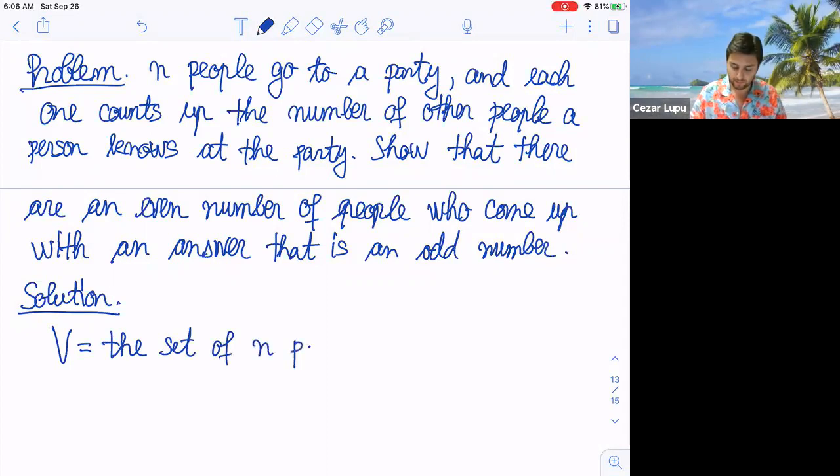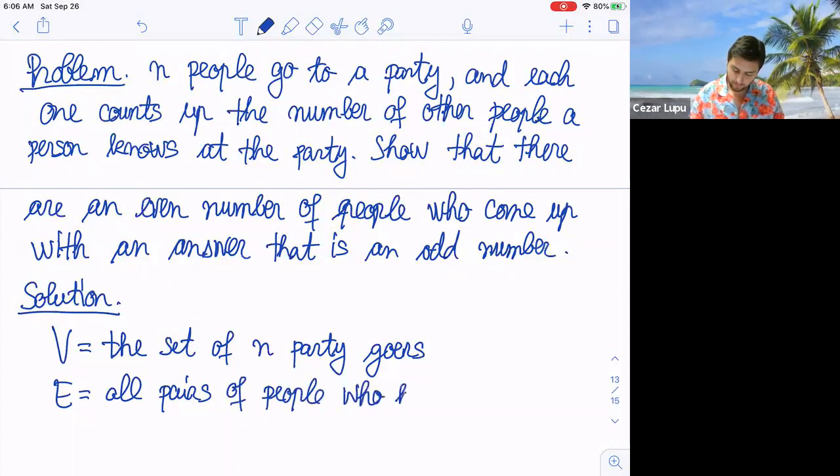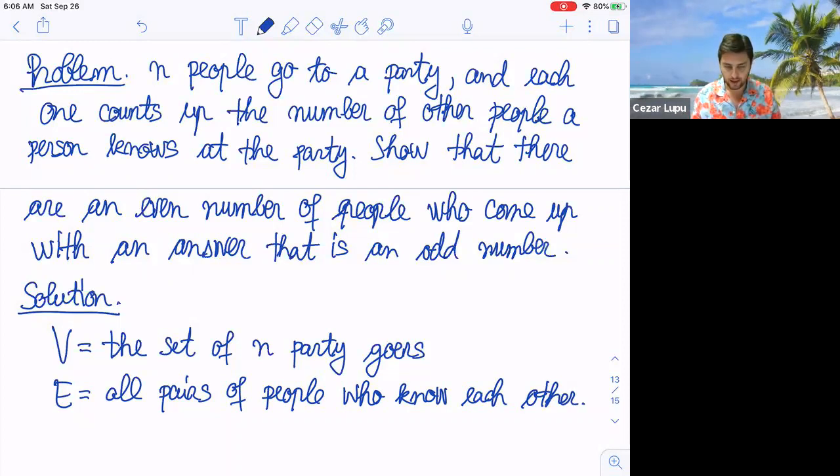E, the edges, will consist of all pairs of people who know each other. I know you, you know me, so this will be an edge. And now, let's see.